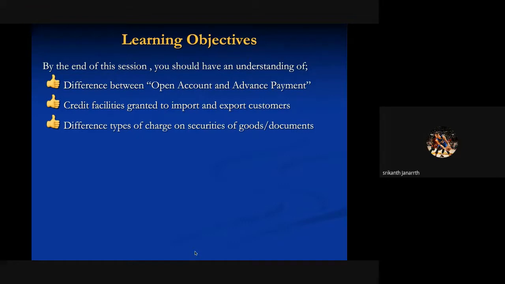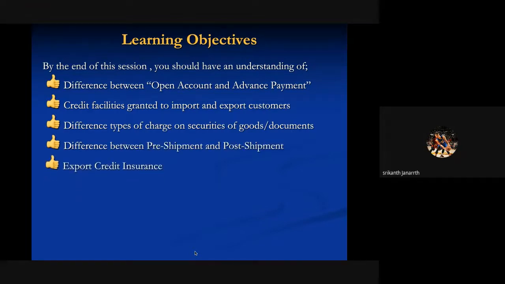Immovable property generally won't get involved when it comes to trade, because these are very short-term finance. So eventually, you will take, most probably, the exposure as the commodity goods, or if it is recurring, we will go for a limit. Then of course, immovable property comes in. But generally, with regard to commodity, it's goods. It's a movable item. So different charges come in. So let us look at the charges also.